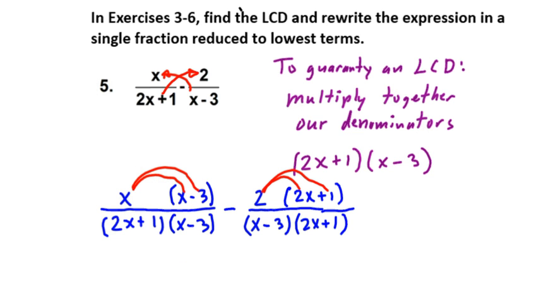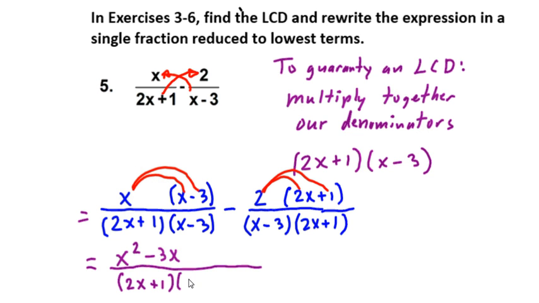So rewriting, we're going to have x squared minus 3x, and we'll write the denominator here, 2x plus 1 times x minus 3.